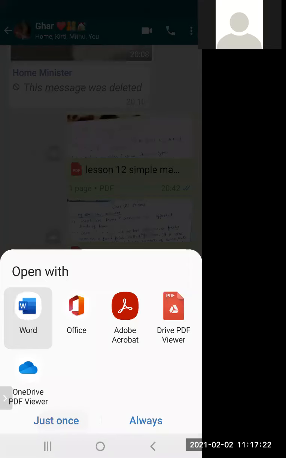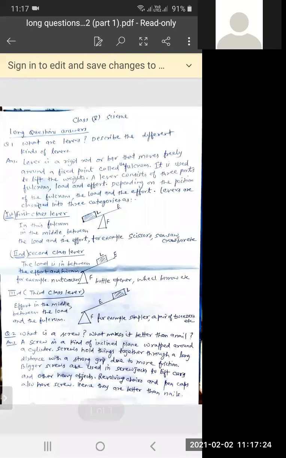Now the long question answers. The first long question answer is on page number 147 of lesson 12, Simple Machines. The first question is: What are levers?